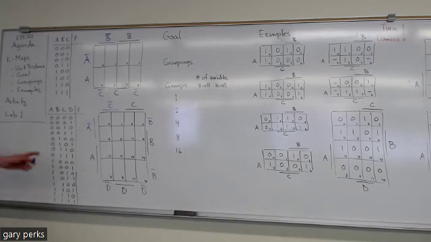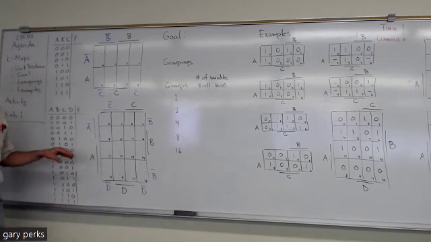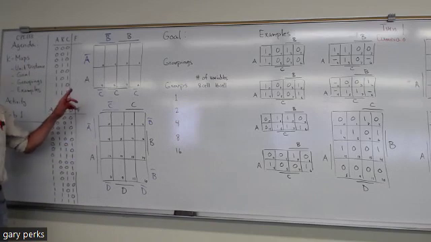Okay, so do you have any questions about how I'm getting these variables for the various rows and columns? Question: will the A always be the bottom row, and the B always be the right two columns, for every 3 variable K-map? Right.